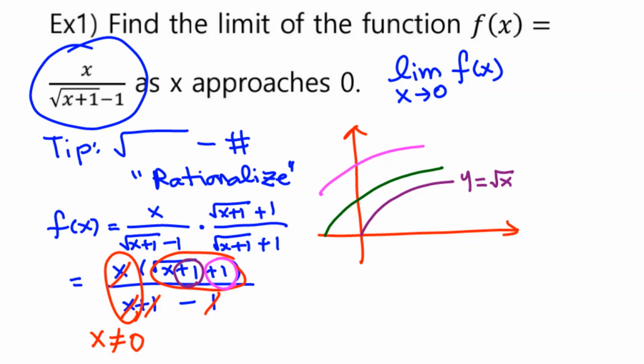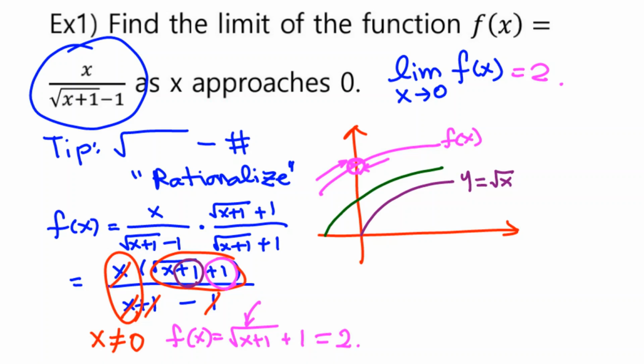So here is our function. Okay, find the limit. So as x approaches 0, okay, what's the y value right here? That is 2, right? And we can see that in the function that we simplified as well. If we plug in a number that is very, very close to 0 for x, then I think it's going to 2. All right. We just figured out the limit in a graphical way.